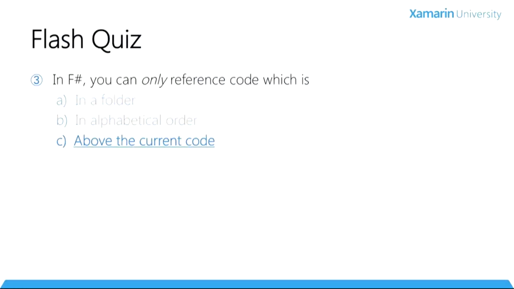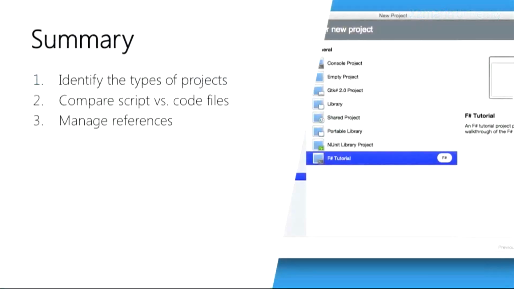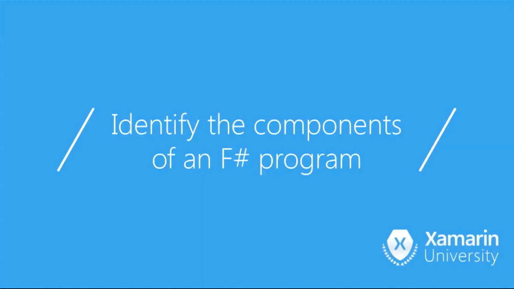And the answer is C. You can only reference code that's above the current code, whether it's in the same file or a file listed above it in the project. So that completes our current objective, where we've looked at the different types of projects, we've compared script files and code files, and we've had a look at how we can manage references and components. And next, we're going to look at the various pieces of an F# program and how you can organize it.